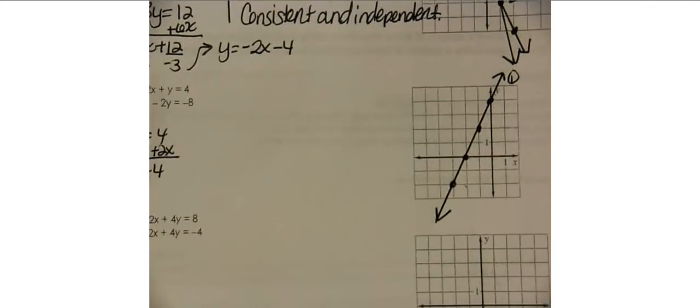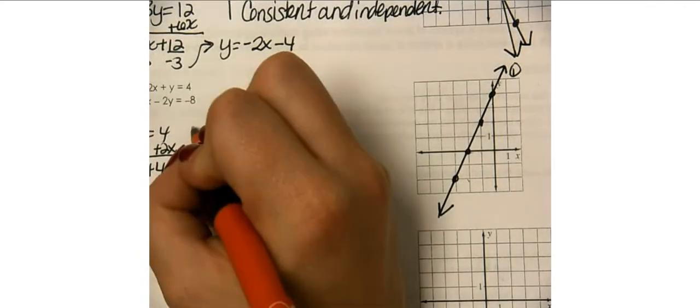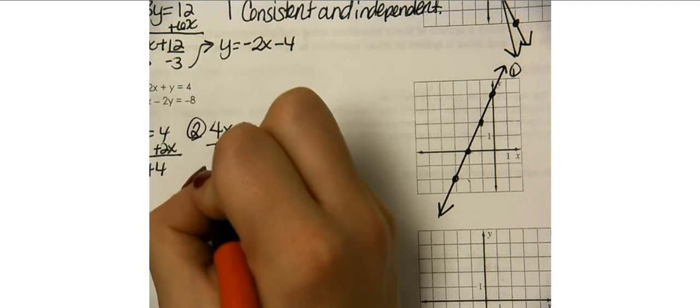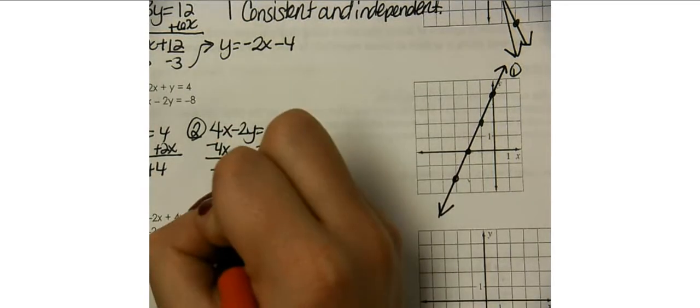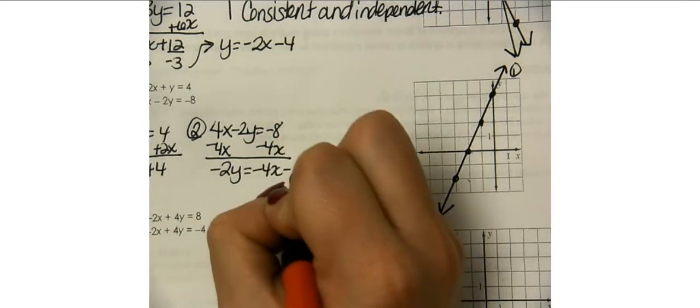Next, number 2. I have 4x minus 2y is equal to -8. I'm going to subtract 4x on both sides to get y alone, and I end up with -2y is equal to -4x minus 8. Dividing every single term by -2, I end up with y is equal to 2x plus 4.